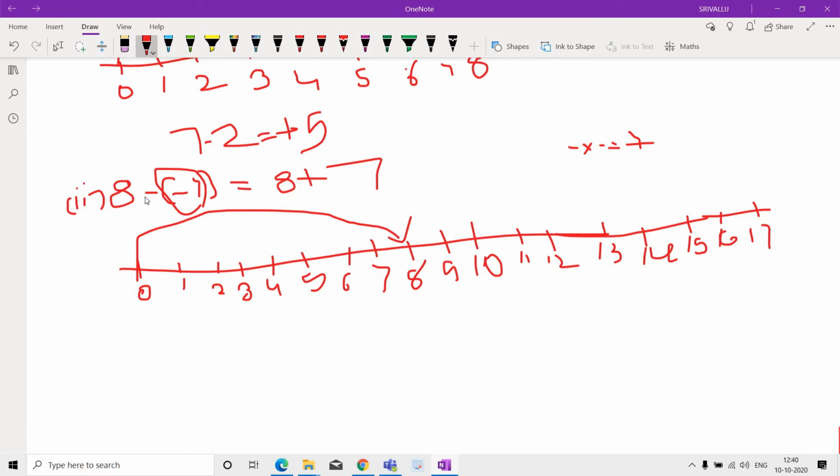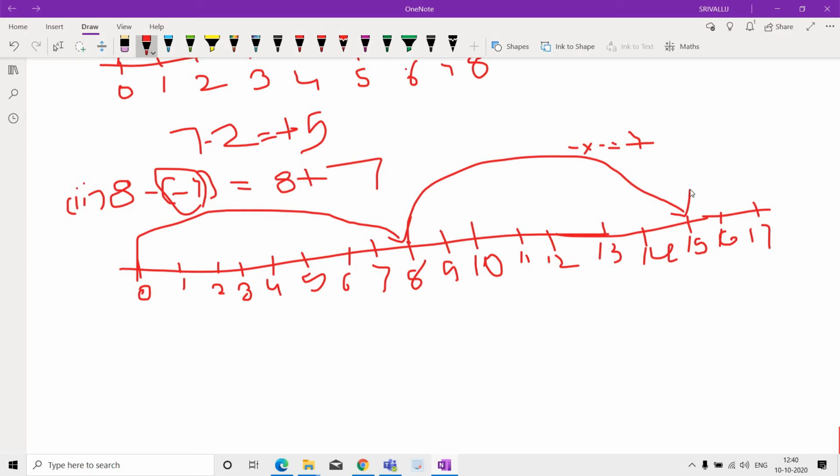0 to 8. We multiplied minus into minus, and that time we got plus 7. So we have positive, not negative. So I am jumping from 8, 7 numbers forward: 1, 2, 3, 4, 5, 6, 7. 7 numbers I am jumping forward because it is positive, not negative.